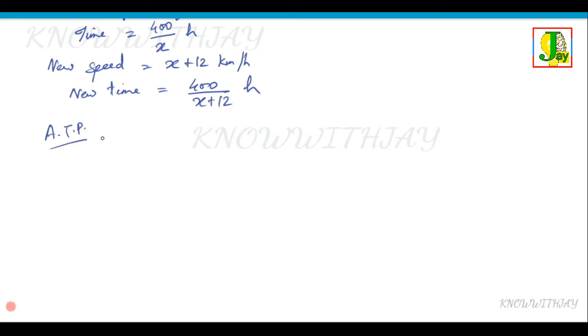According to the problem, the new time is less than the original time. So by how much? 1 hour and 40 minutes. You can also write that original time minus new time equals 1 hour 40 minutes. So here we are going to compare the timings of the two conditions.